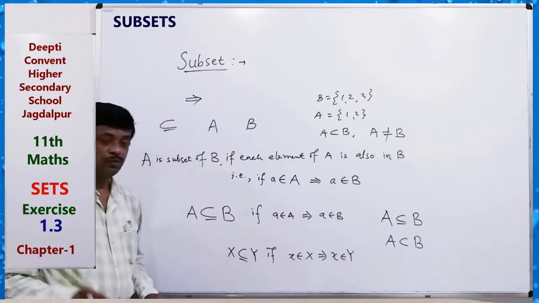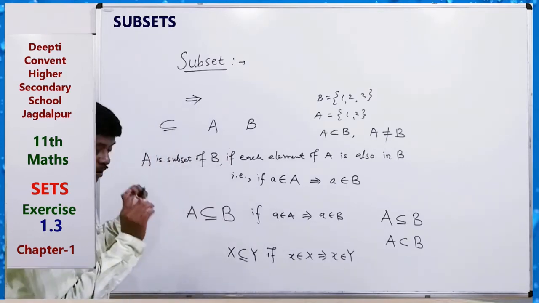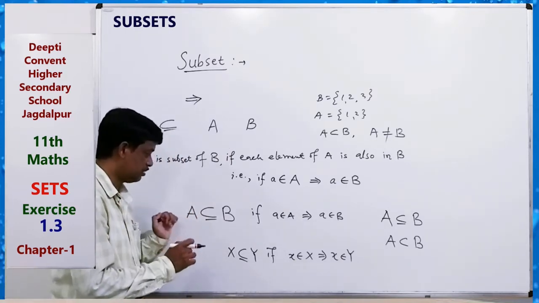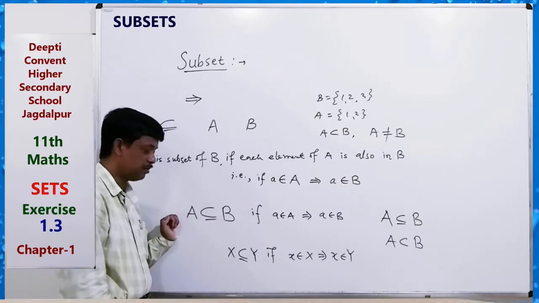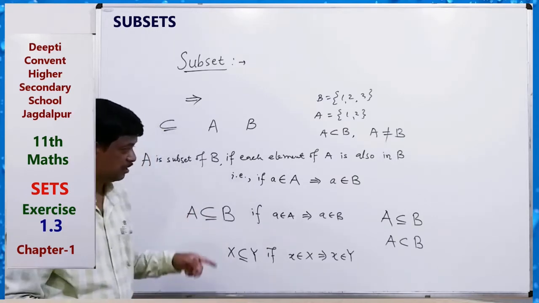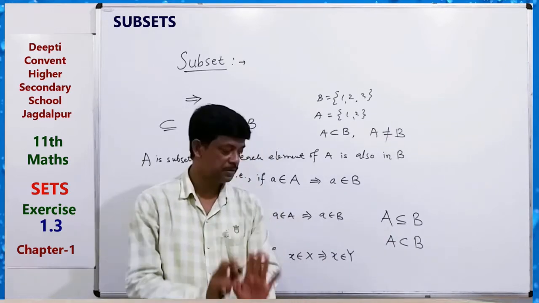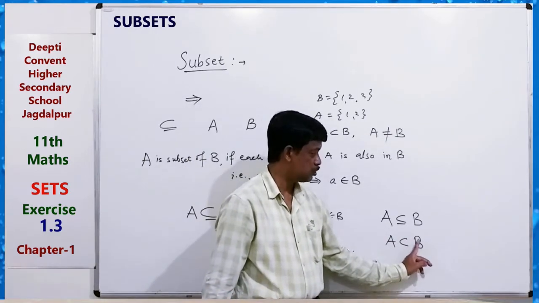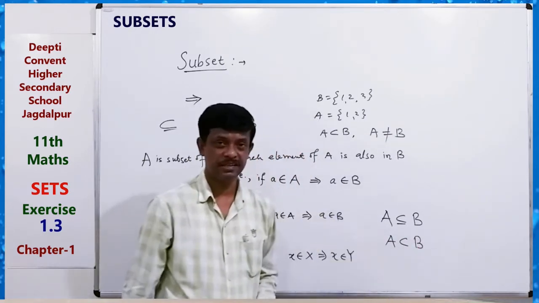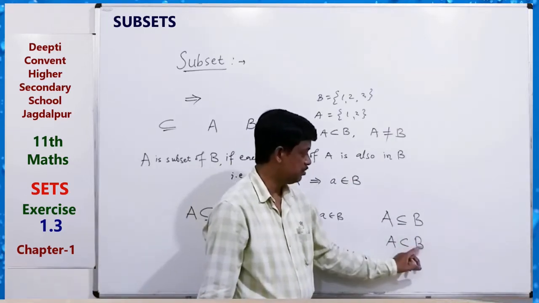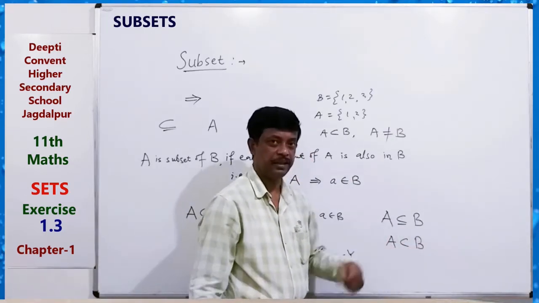So now we are using this symbol for subset, because it's clear that this is subset. This is proper subset. Proper subset means B is superset of A. That is, B has an element which is not belongs to A.